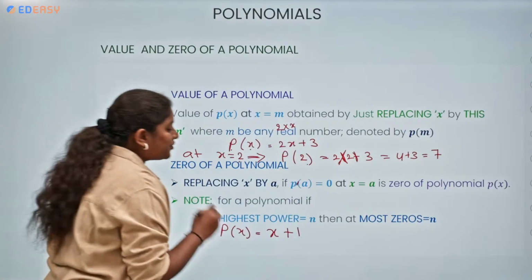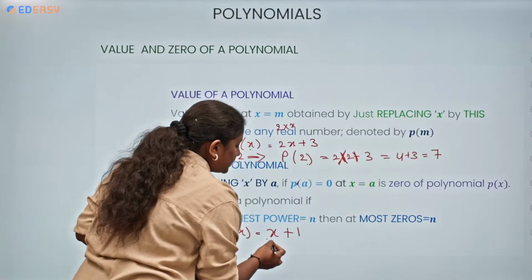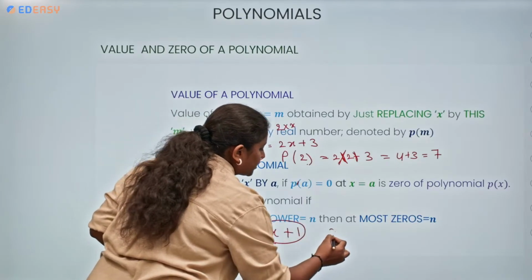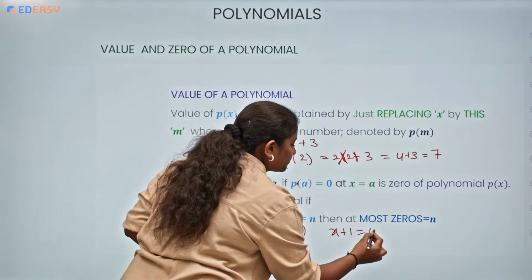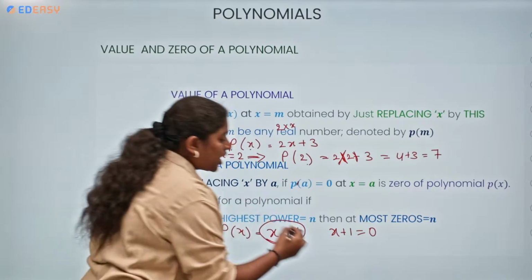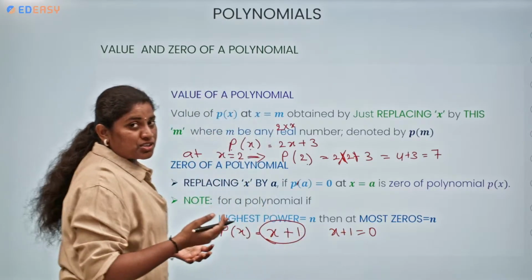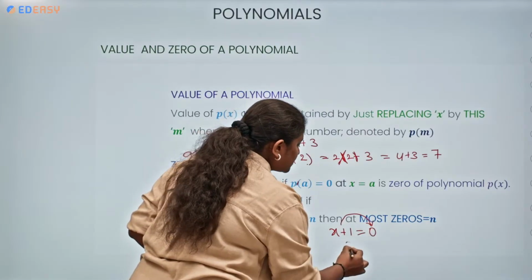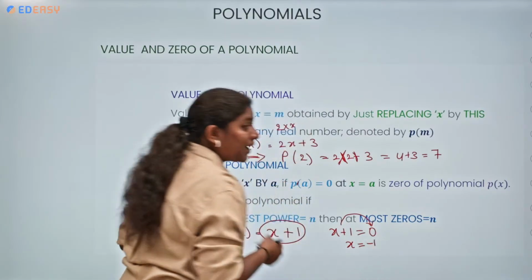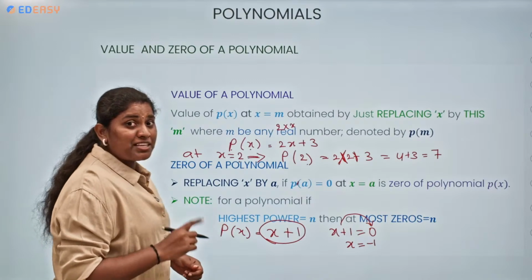What will we do? First of all, take your polynomial, x plus 1, and equate it to 0. Now just do the transposition of the numbers. So plus 1 crossing the equals sign becomes minus 1. So we got the x value as minus 1, right? It means what?